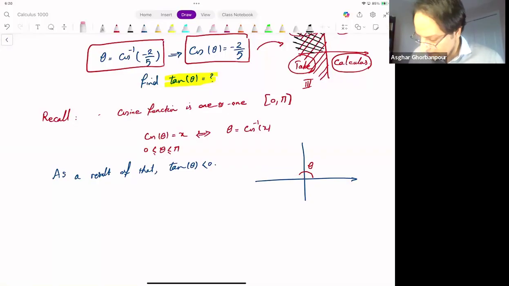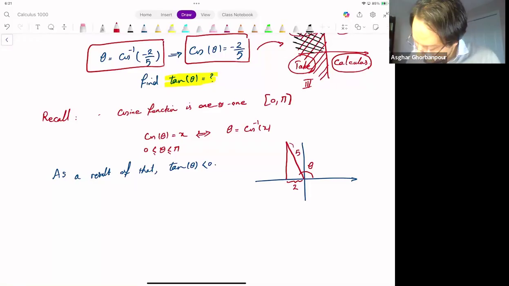This is a bad triangle. This doesn't reflect what I am looking for. So it will probably be more like this. So here cosine, which is adjacent over hypotenuse, is going to be 2 over 5.